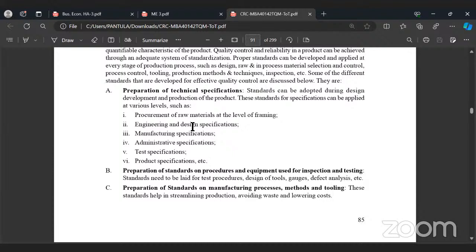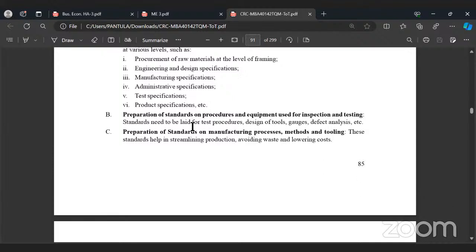Some restaurants mention that we cook with oil only one time; the second time they can't use it. Such kinds of standards they are maintaining. Even for oil, there are a lot of oils. We cook only with refined sunflower oil, refined groundnut oil, refined palm oil. In some cases they use dalda. So this is called specifications.